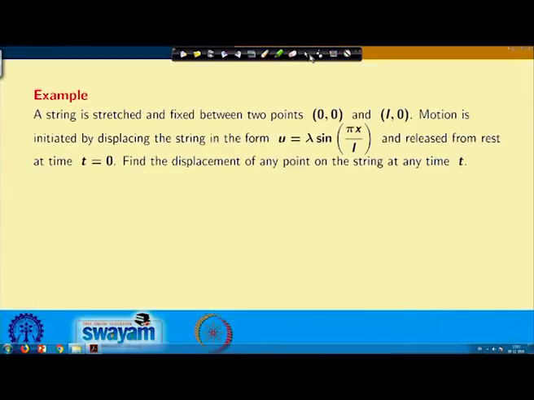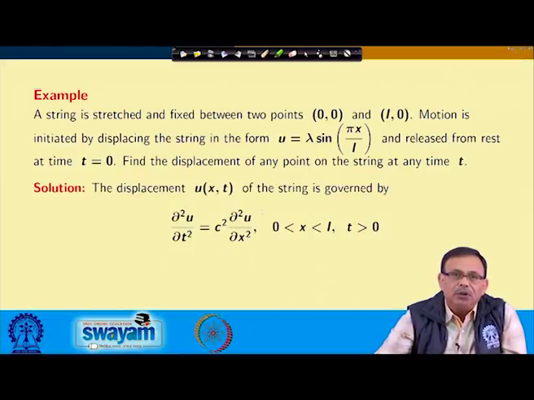Let us see it here. As I was telling you, the problem is given. The displacement u x t of the string will be governed by this equation, del square u by del t square equals c square into del square u by del x square, where x lies between 0 to L and t greater than 0. The string is fixed at two points, so at x equals 0 and at x equals L the function is 0.